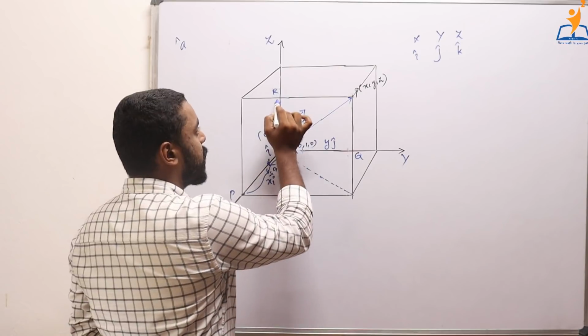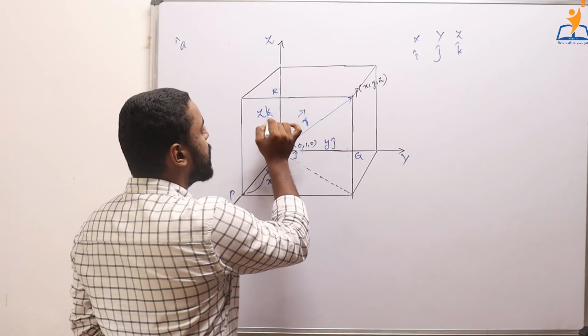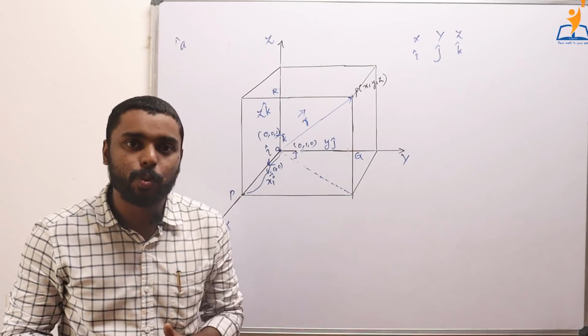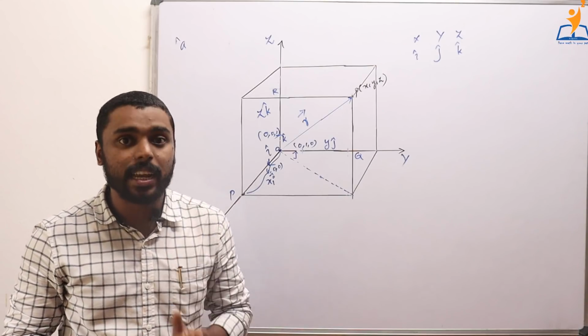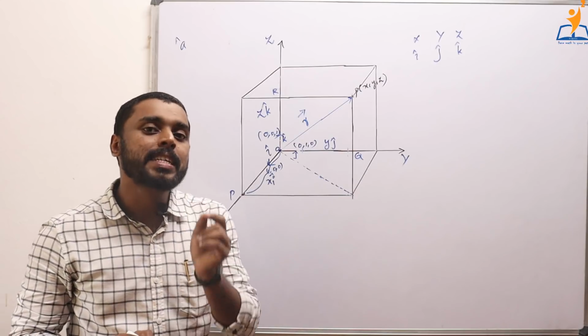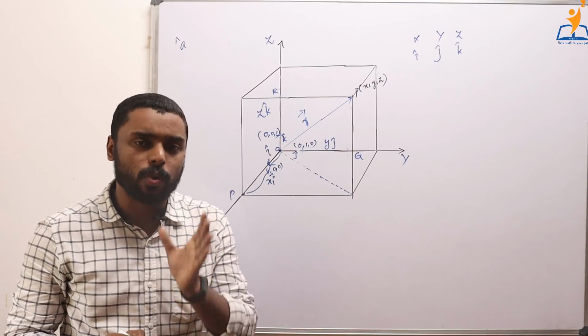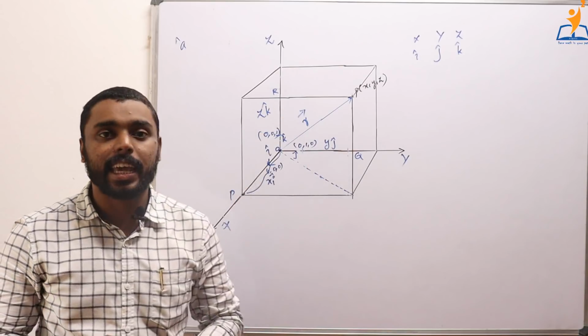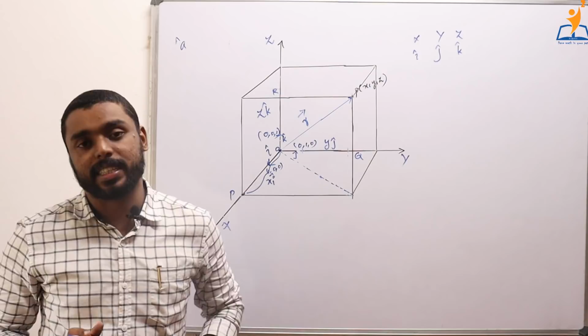Similarly, this vector OR is nothing but z k cap. We multiplied by the unit vectors just to make those scalars into vectors. We know that a vector multiplied by a scalar is always a vector. So x i cap, y j cap and z k cap are nothing but vectors.